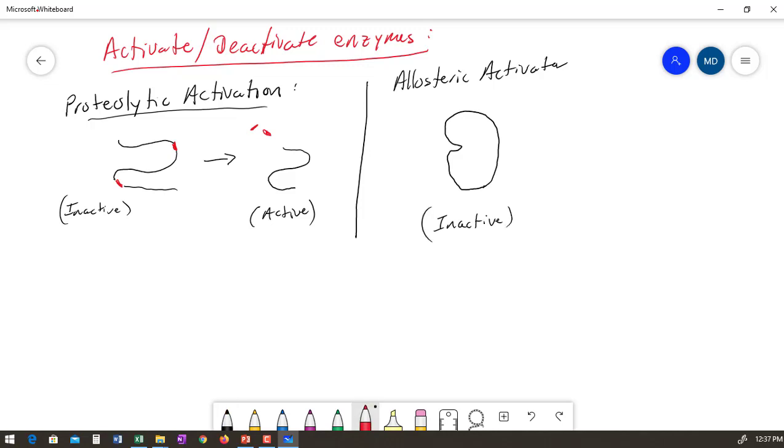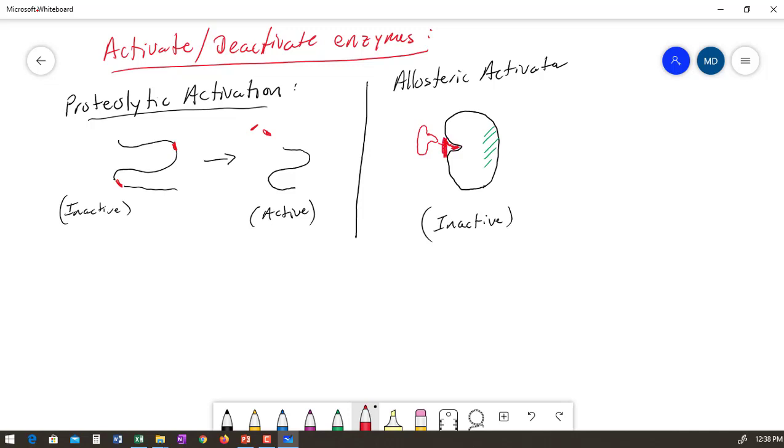And imagine that the green area over here is the active site that is not active right now, okay? We can have another molecule that comes in, and let's say it fits and can move into this space. And so this molecule now attaches into this space and fills this site like this, okay?